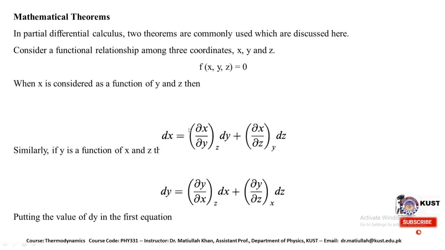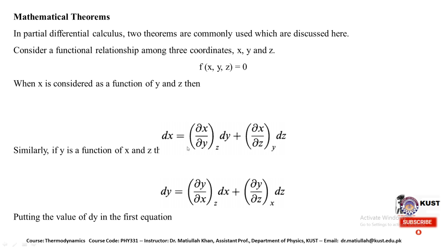If we consider y as a function of x and z, then dy will be equal to curly y divided by curly x at constant z, into dx, plus curly y divided by curly z at constant x, into dz. That is the change in the volume. So we want to put this value of dy into the first equation.